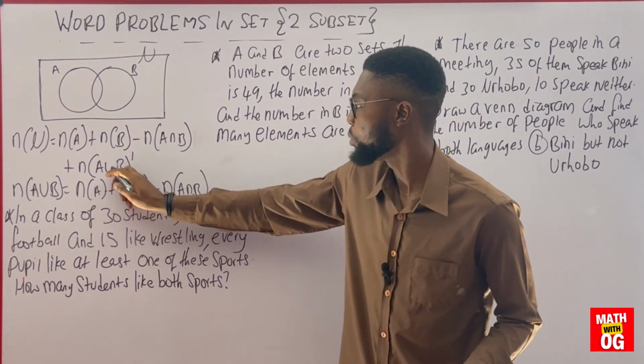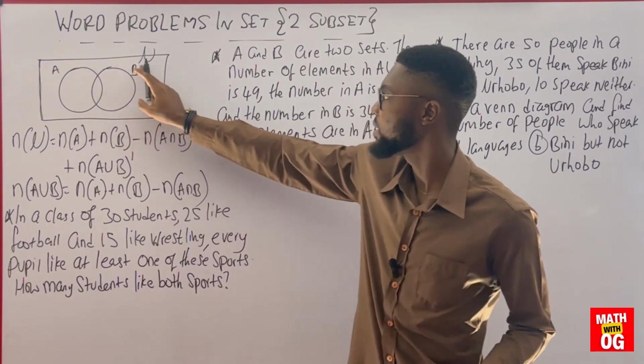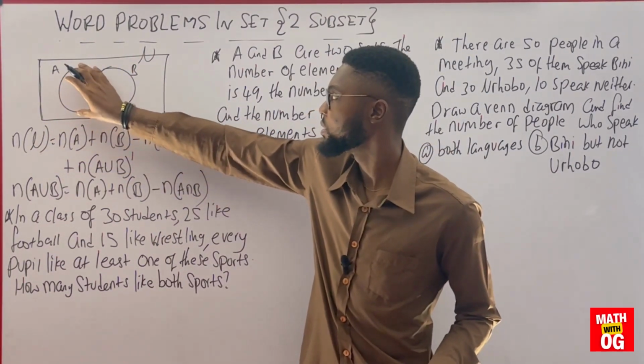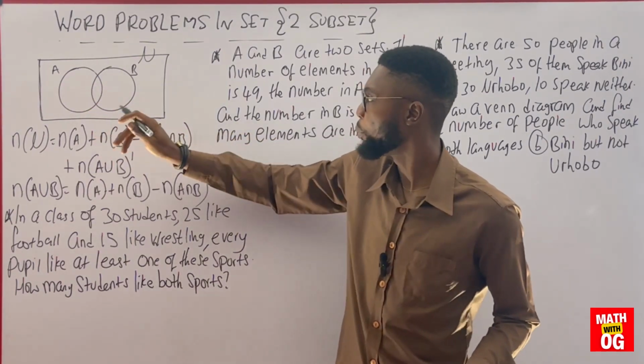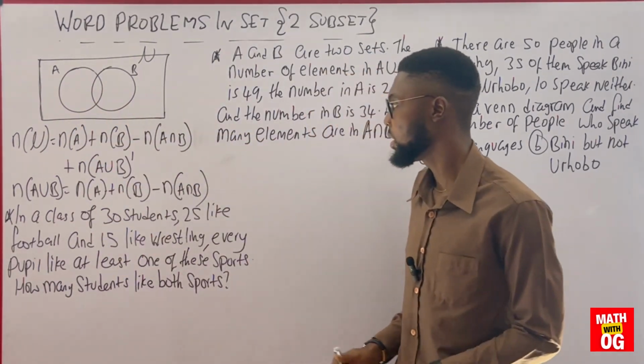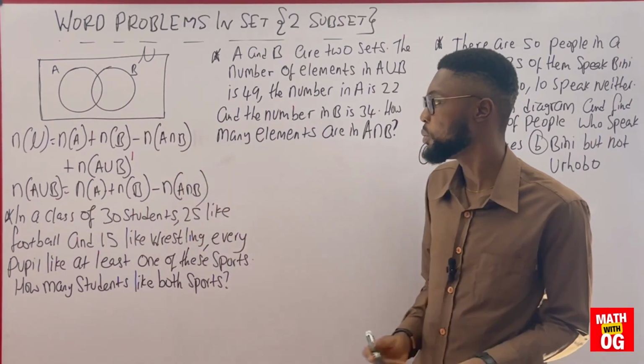This should be A union B, that means everything outside A and B. So it is A plus B minus what is common to A and B plus what you have outside A and B. So okay, this remains the same.